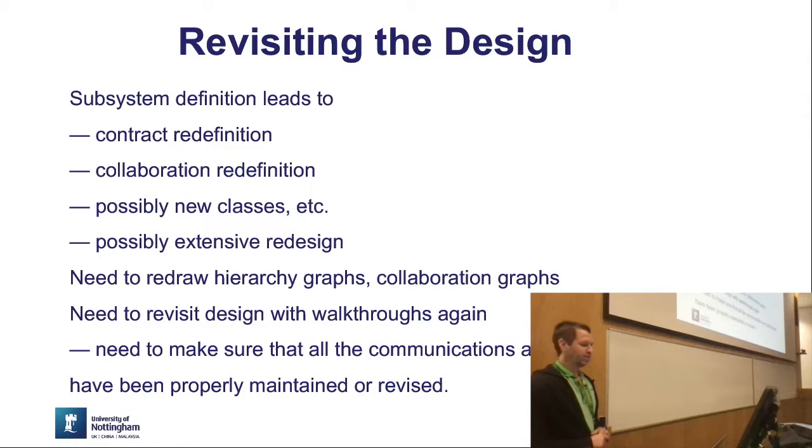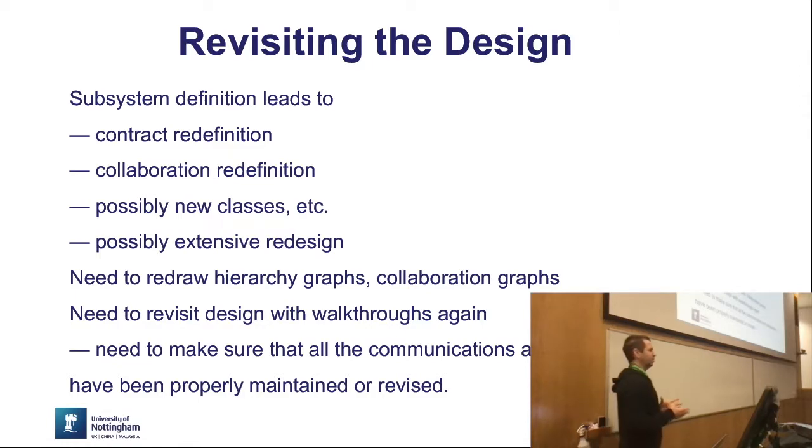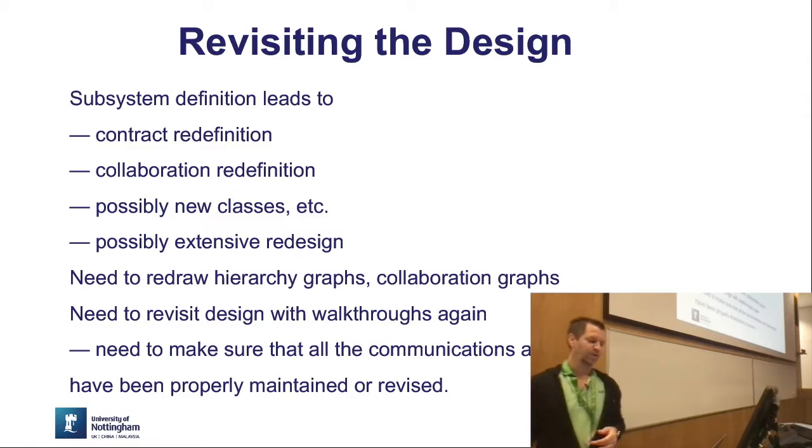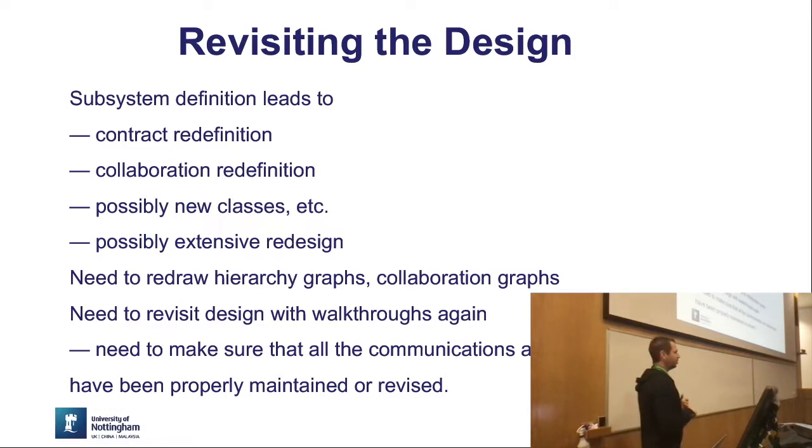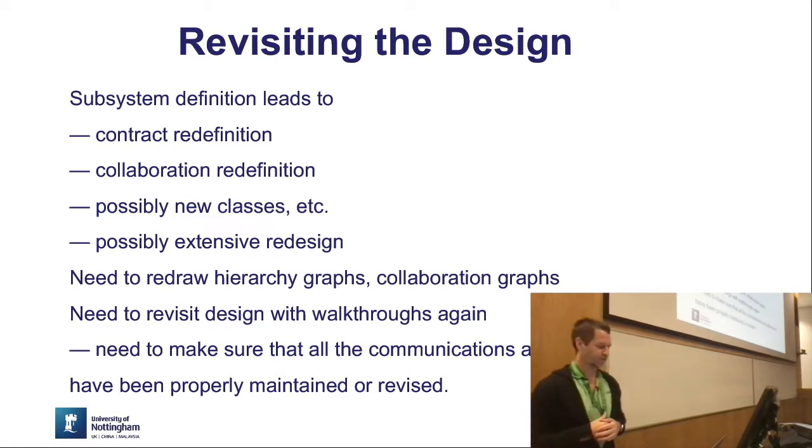Okay, so after we've introduced subsystems into our design, we have to then factor these into the rest of the documentation. We may have to redefine contracts. Contracts that used to belong to individual classes might get moved to subsystem classes or subsystem interfaces. We might have to revisit the collaborations, right, to incorporate the new subsystems.